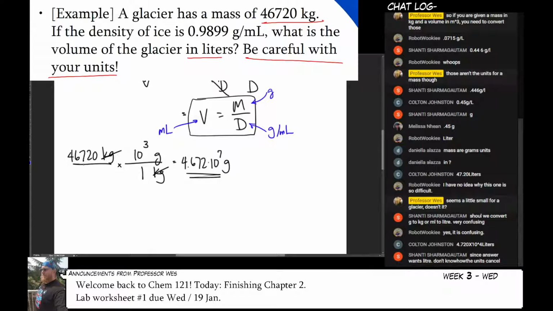So now that we know the mass of the glacier, we can plug it into the equation with the density of ice, which is shown above. So the volume must be equal to mass divided by density.